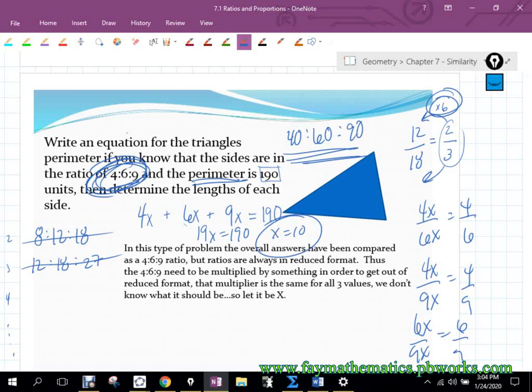Okay, so that's the approach that you're going to use with those types of questions. When they give you an extended ratio, they're going to tell you something that connects or interrelates those ratios, like perimeter does here. It says you're going to add those things together. It might tell you at some point, like area, might be an extended ratio of 4 things. It might be the perimeter of a rectangle, or the perimeter of just some quadrilateral.